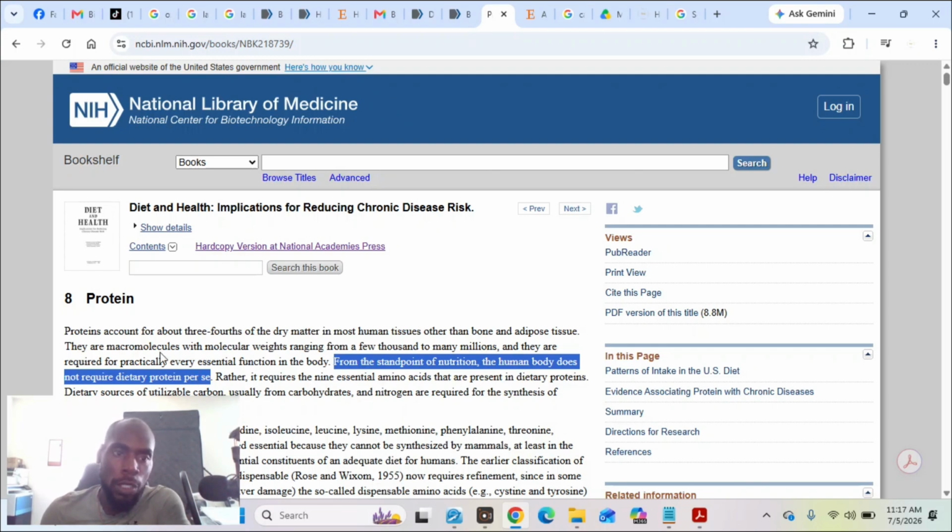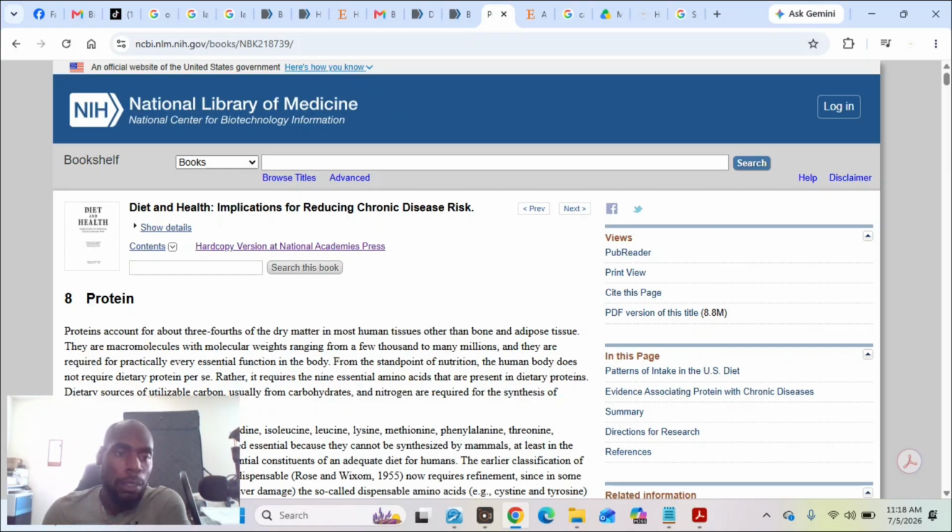So what was mentioned up here, these are functions after the body consumed the essential amino acids needed. From the standpoint of nutrition, the human body does not require dietary protein per se. Rather, it requires 9 essential amino acids that are present in dietary proteins.